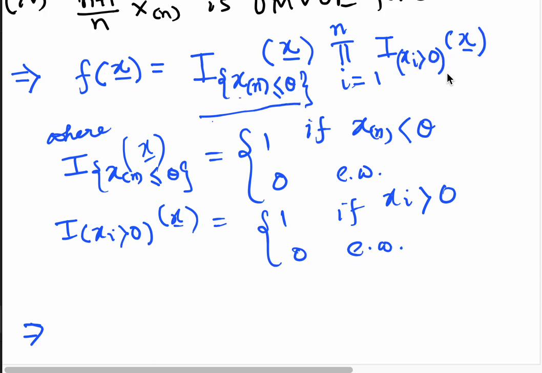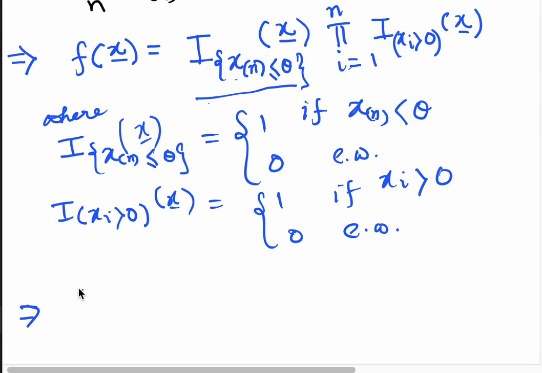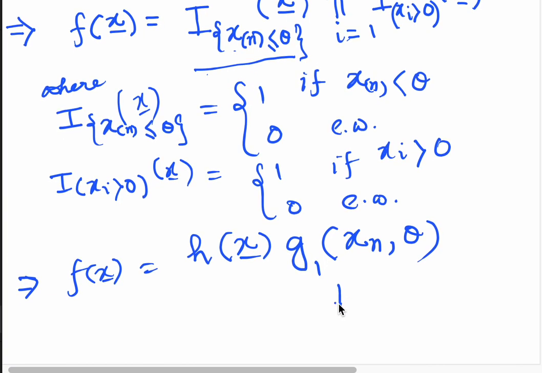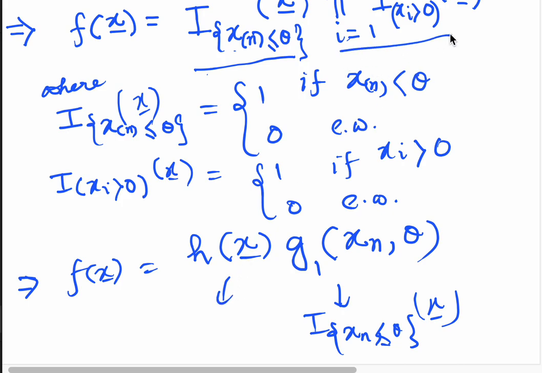So we can write f(x) as h(x) into g1(X(n), theta). Here g1 is the I(X(n) less than or equal to theta).